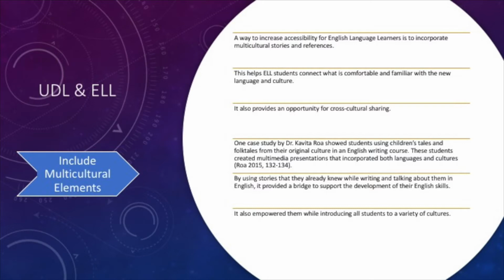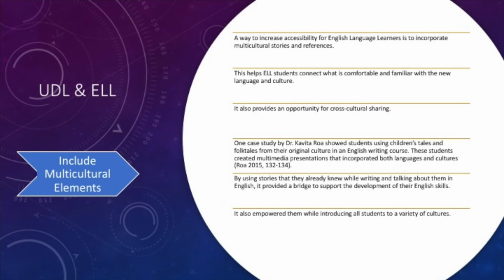Finally, include multicultural elements. A way to increase accessibility for English language learners is to incorporate multicultural stories and references. This helps ELL students connect what is comfortable and familiar with the new language and culture. It also provides an opportunity for sharing that information and their stories. Dr. Kavita Roa provided multiple examples of teachers who used children's stories or folk tales for the ELL students.